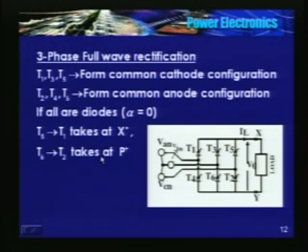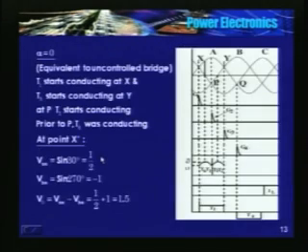Remember, here B phase is more negative. So 6, 2, and this is for phase A. You will find that the number is 4. This is for phase A, whereas this is for phase A in the upper half, 1.